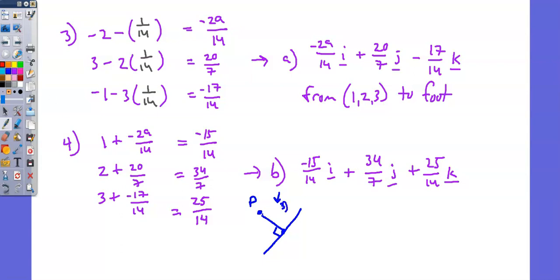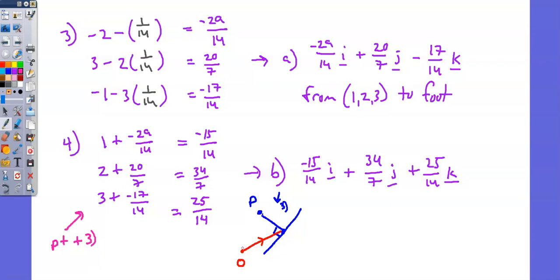What we're doing in part 4 is we're finding from the origin the position vector from O to the point, not P, but the foot. And the algorithm said add something plus something. What the algorithm is telling us to do is point plus 3.